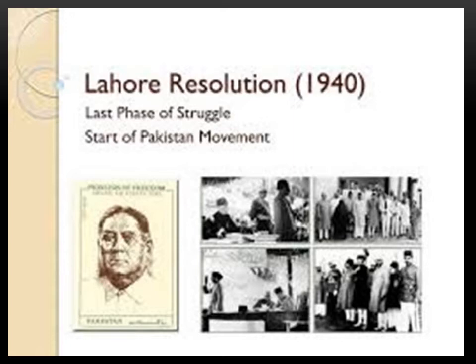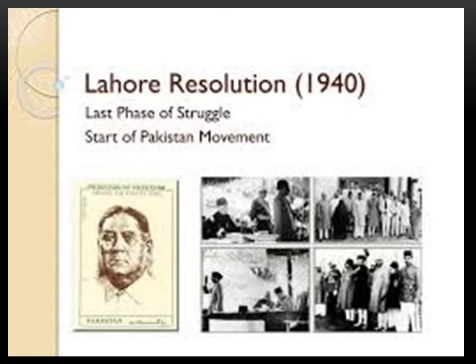So it was the Lahore Resolution, which was also known as the Pakistan Resolution, and that was passed collectively by the Muslim League in 1940. The motto of the resolution was to have an independent state.